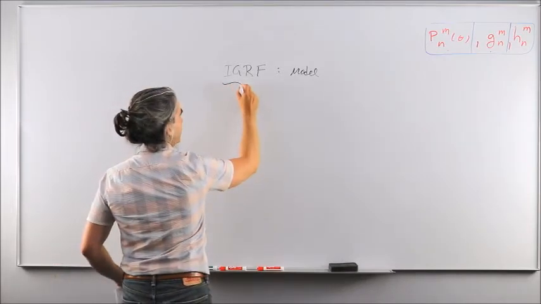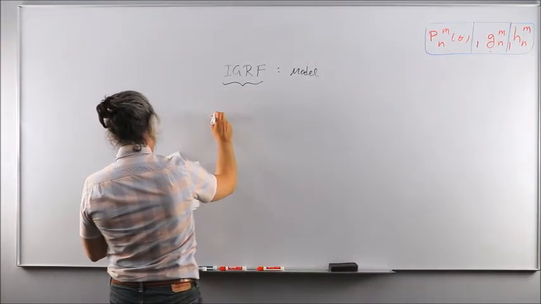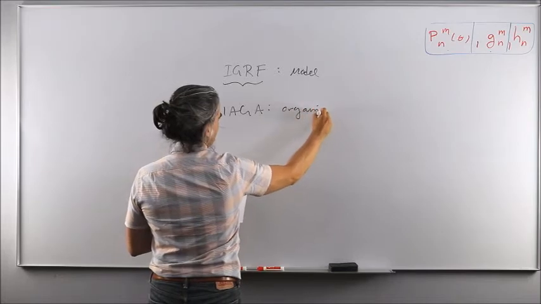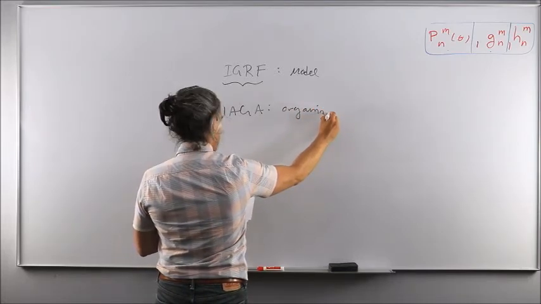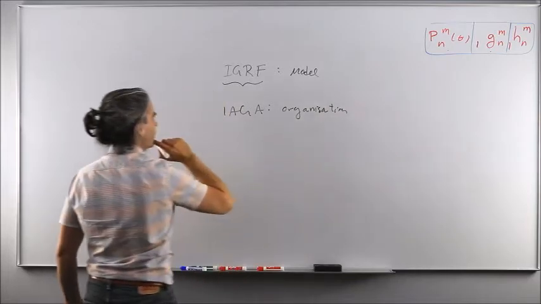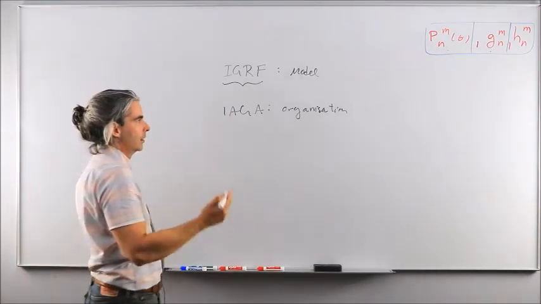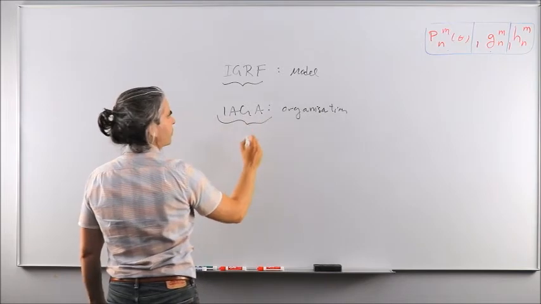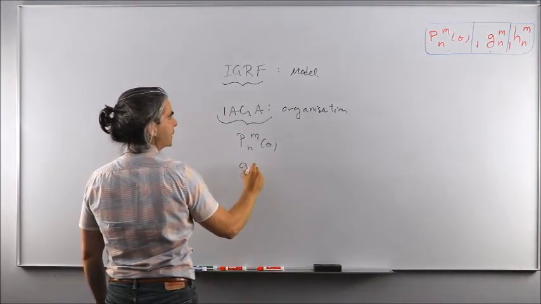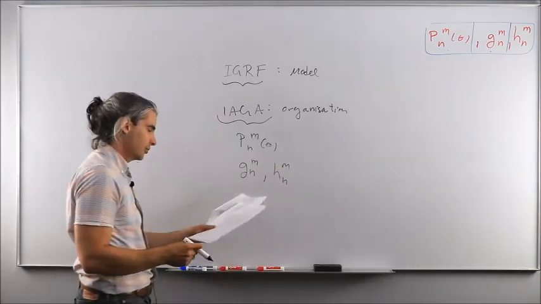The coefficients that you use in this model are the Gauss-normalized coefficients obtained from the IAGA organization, whose objective is to collect all the data obtained from satellites, ground stations, aircraft, UAVs, you name it, and combine them and provide a list with the Gauss-normalized G coefficients and the H coefficients as well, for an arbitrary degree and order.